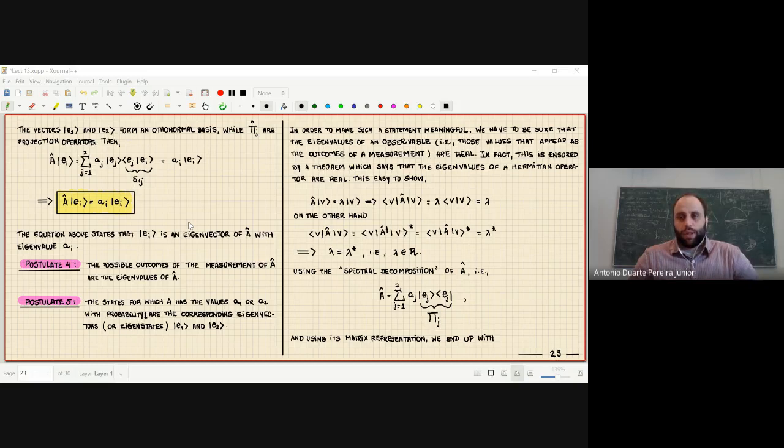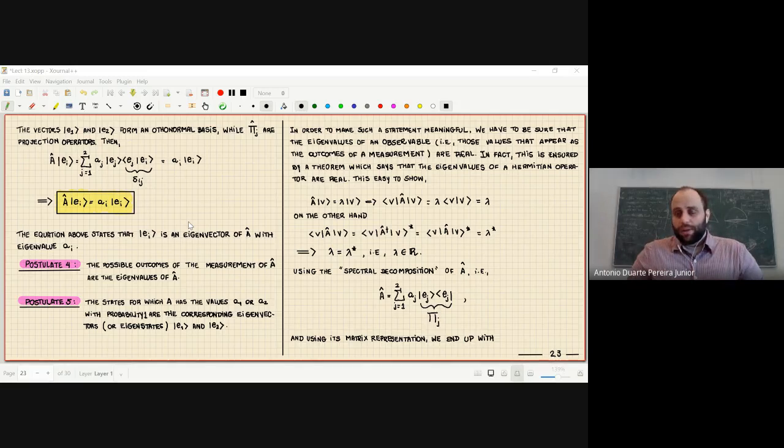Because if the operator has complex eigenvalues, then following postulate number 4, you are going to say that you can measure an outcome which is a complex number. If one of the eigenvalues is a complex number, then this number would be a possible outcome of an experiment, and this is nonsense. Your measurement device will report real numbers.